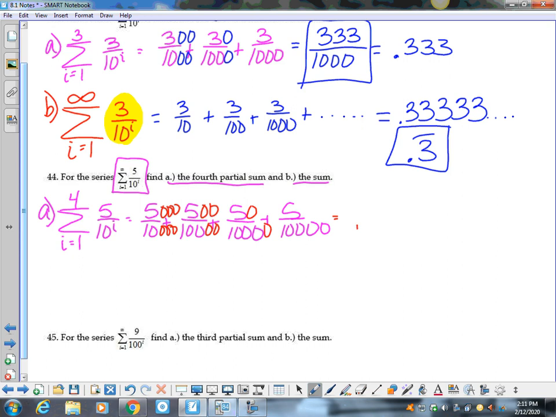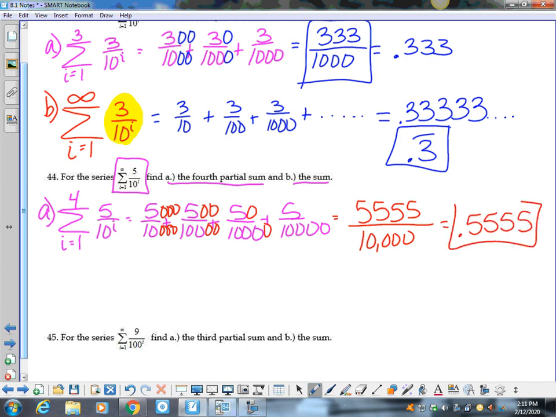Well, if I did a fraction first, that's 5,555 over 10,000, which as a decimal is that exact decimal, not 0.5 repeating. It stops, it's finite.